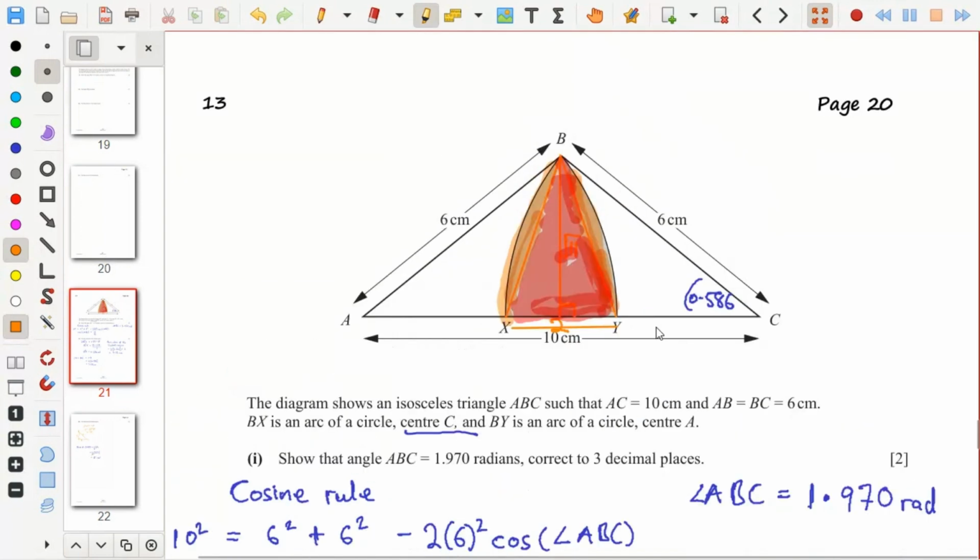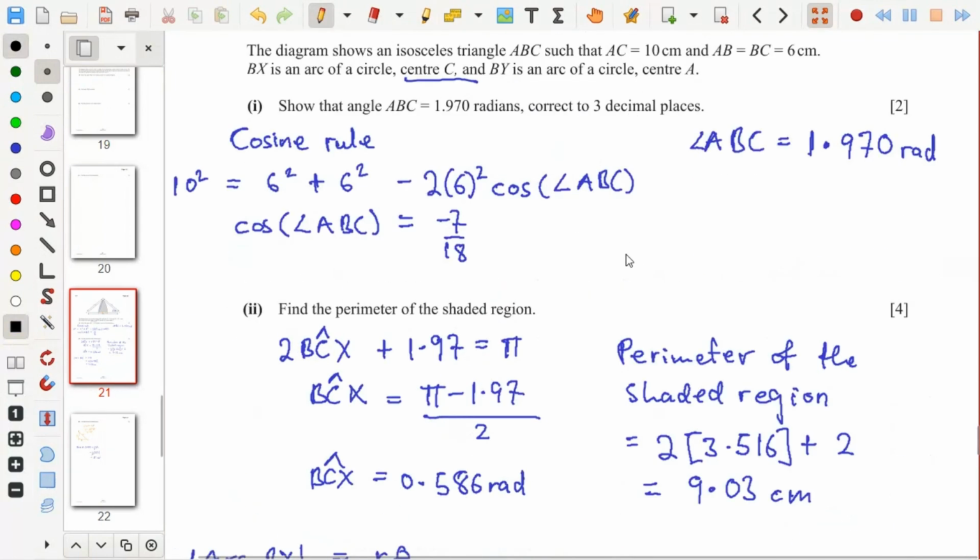So I can find the area of the segment. Let's connect this side and see. You can find the area of the segment. This one. Yes, you can. Do you remember the formula?